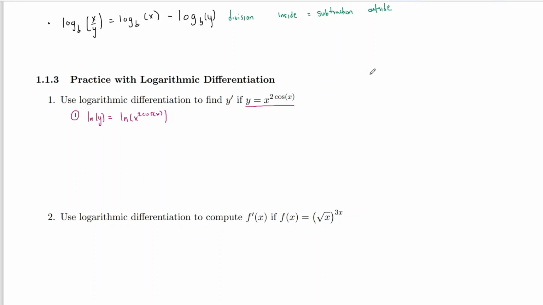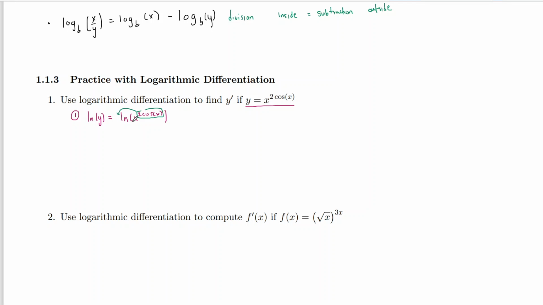Now, this is the main reason why we have to use logarithmic differentiation here and do the natural log of each side, is this gets rid of our issue. We have the log rule that says if we take the exponent that's being raised inside the power here, well, we can move it out front. And that gets rid of our problem because we'll no longer have an exponent and a base both having x.